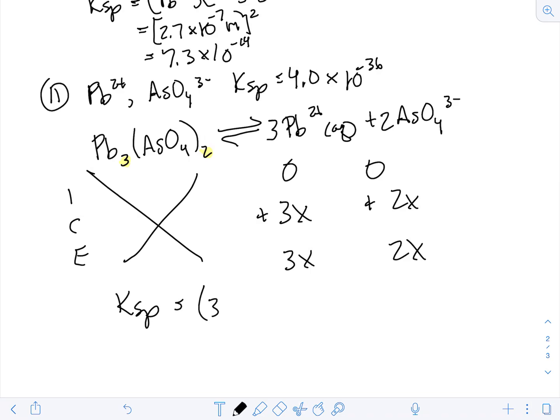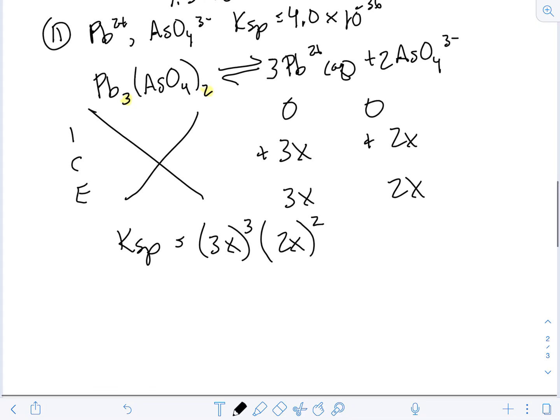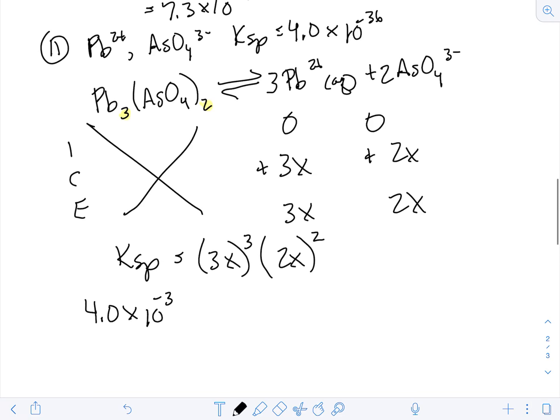So I'm going to set up my Ksp expression, and it's going to be 3x to the third times 2x to the second. So when I set that up, I'm going to say 4.0 times 10 to the negative 36 equals 27x to the third times 4x squared.